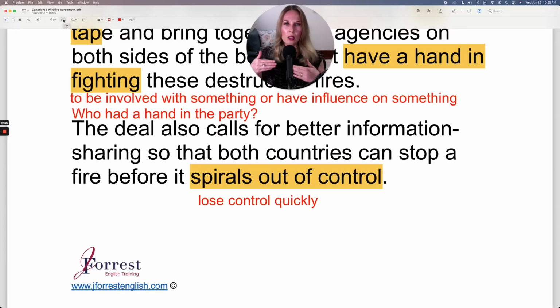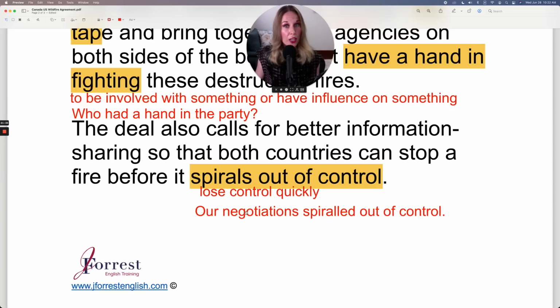So maybe you wanted to offer a certain amount and then now everyone is talking about an amount that is a lot higher than you wanted to offer. So your control over that negotiation, over the amount that you wanted to pay, you lost control over that and you lost control quickly. So it spiraled out of control. For example, our negotiations spiraled out of control.